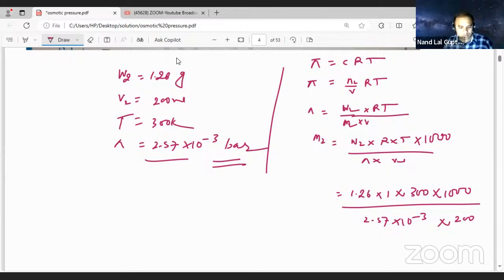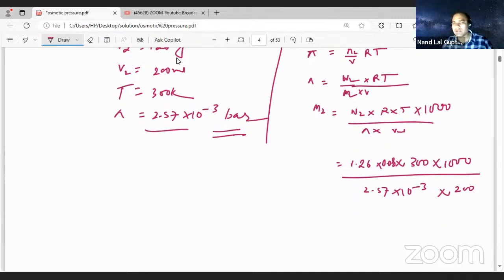R value little bit change, student. 0.083 liter bar. Here R value we have to change a little bit. Okay. How much is there, student? 0.083. Remaining things are as it is, student.